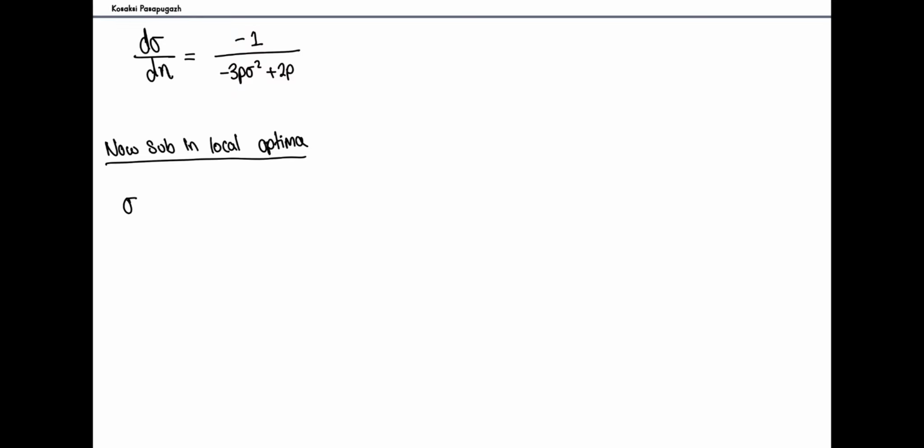When we sub in 0, we get d sigma over d eta is equal to 1 over 2 phi, because that term goes away. When we sub in root 2, we get d sigma over d eta is equal to 1 over 4 phi.